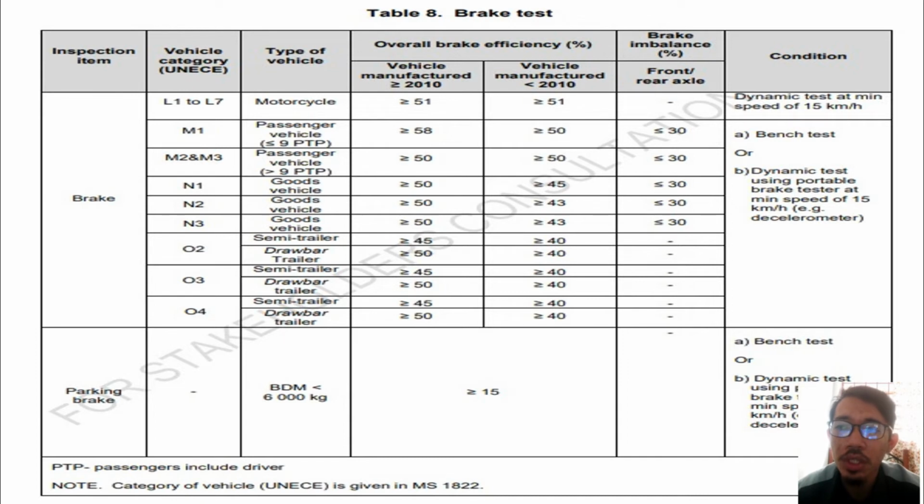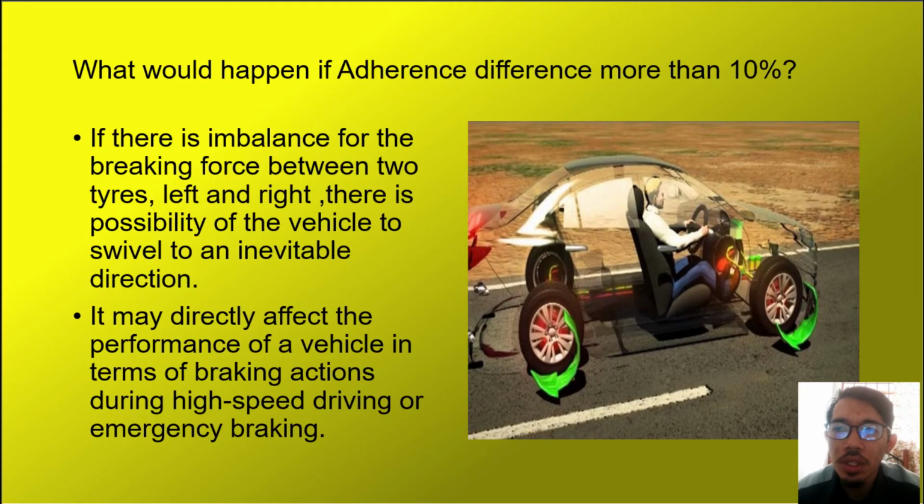The next question is, what will happen if the adherence differs by more than 10%? The first answer is the imbalance of braking force between the two tires, left and right. It is possible for the vehicle to swing in the opposite direction. So we need to make sure that our car's adherence difference is below 10% to keep our driving safe.